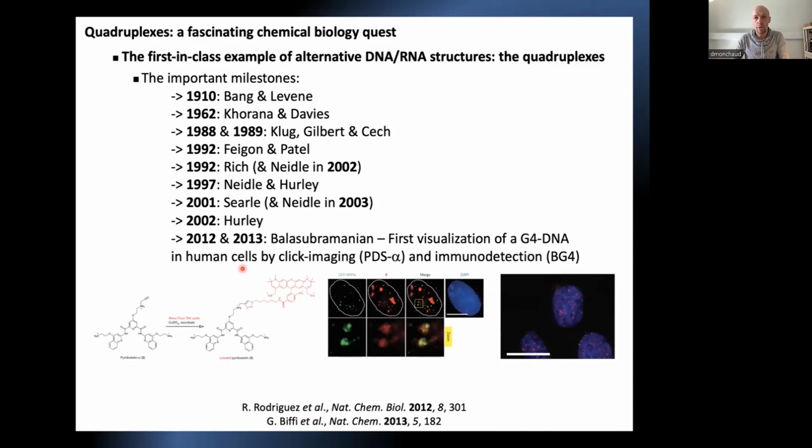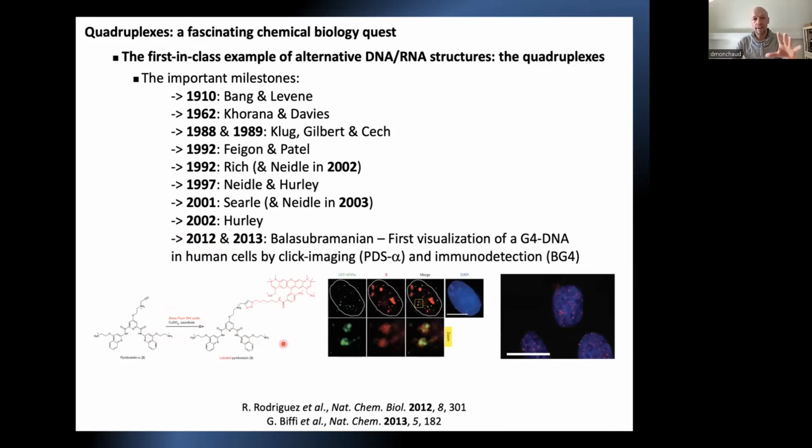But the actual question was, in fact, the quadruplexes are certainly an interesting target, but do they fold within cells? Because it's not easy to demonstrate this. So there were two demonstrations provided by the group of Shankar Balasubramanian in Cambridge in 2012 and 2013. I really appreciate this because this study is absolutely beautiful.